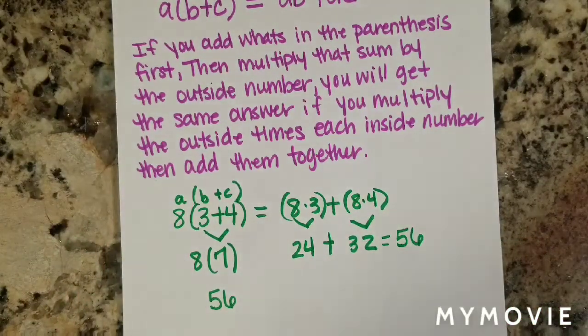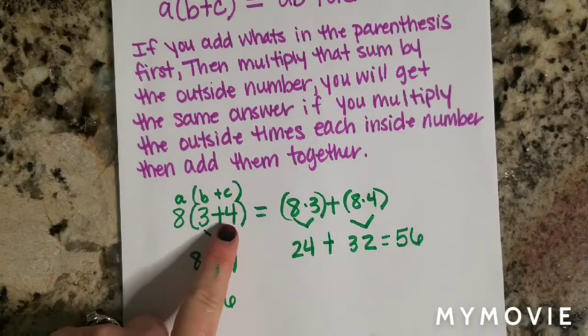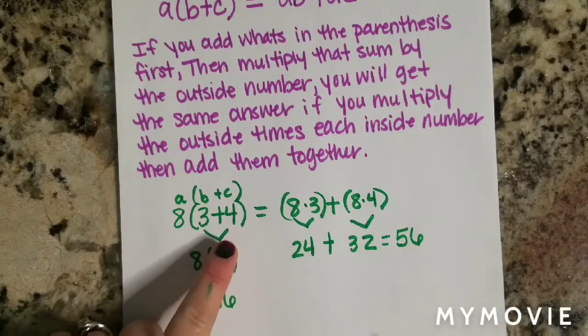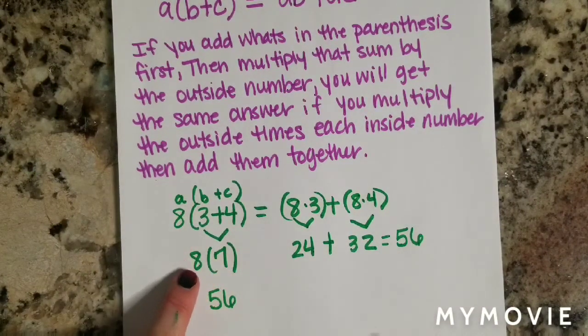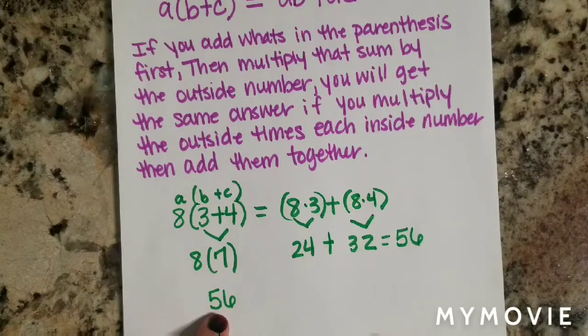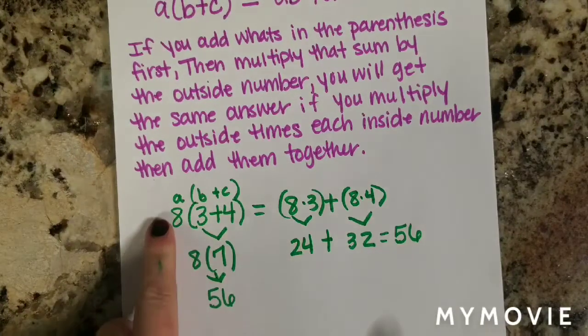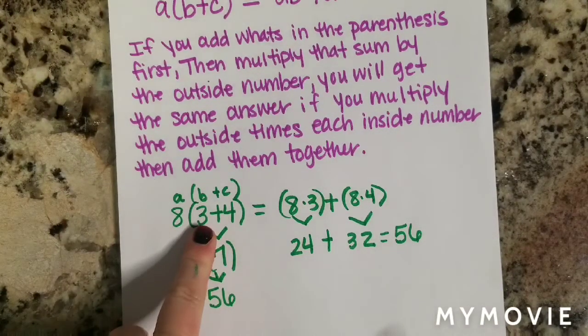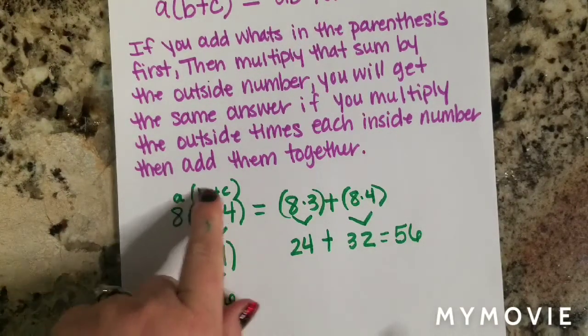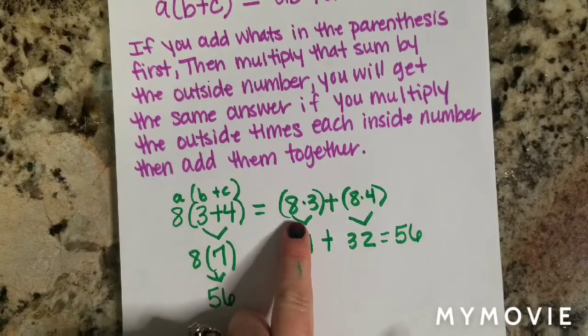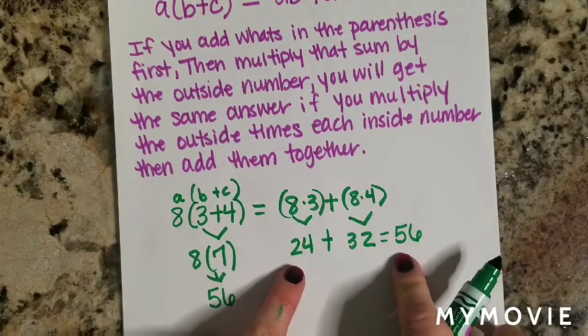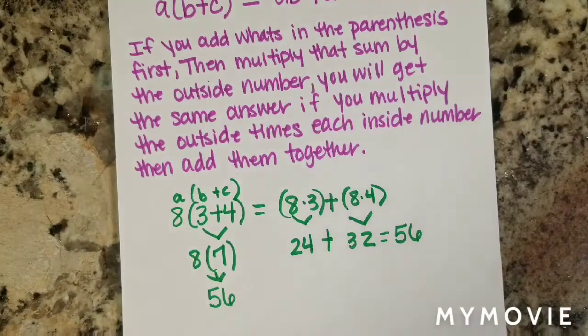So this is equivalent. You could do 3 plus 4 first and get 7 and then multiply 7 times 8, which is what we did, and we got 56. Or you could distribute and say 8 times 3 plus 8 times 4, which is what we did here, and we got the exact same answer.